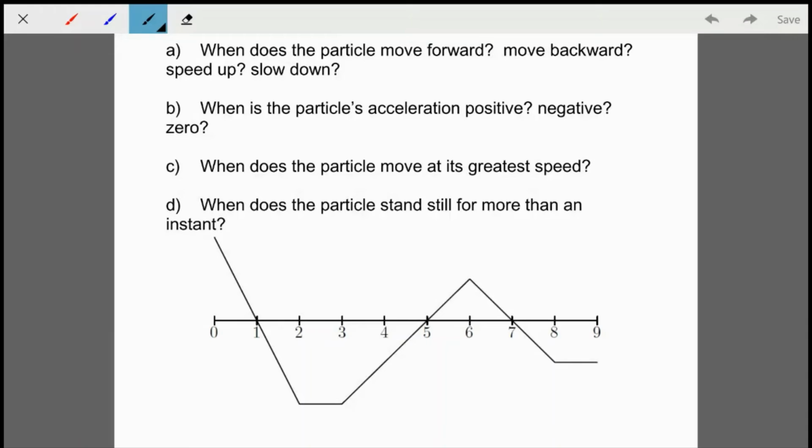On these types of problems where you're given a graph, what I always like to do is label my graph so that I remember what this graph is displaying. They described it up above, but it's not labeled here on the graph. So this was the velocity graph, and I want to make sure I keep that in my head. I usually write it on the graph like that, and then every time I look at this graph, I remember this is the velocity graph.